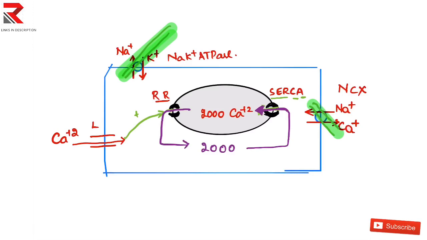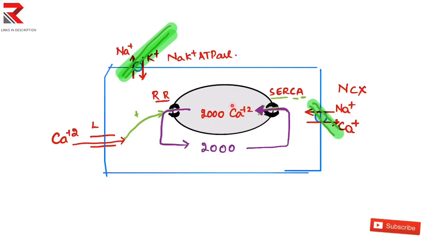So when both these channels are blocked, we have another channel, an L-type calcium channel. Through this, a small amount, 5% or 10% of the calcium, enters the cell, and it activates the ryanodine receptors, because the calcium is present inside the sarcoplasmic reticulum.